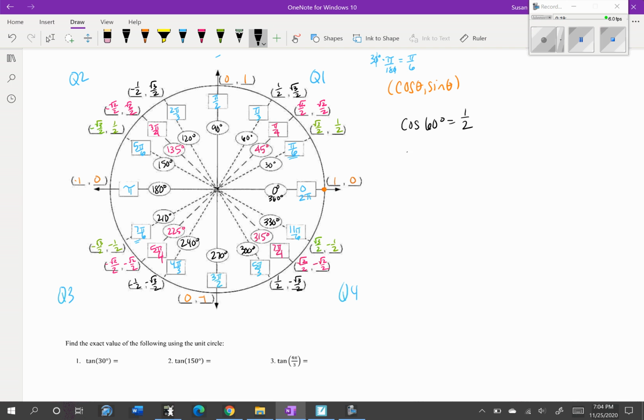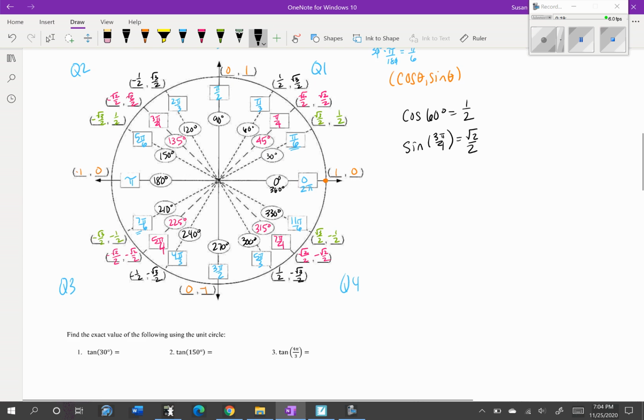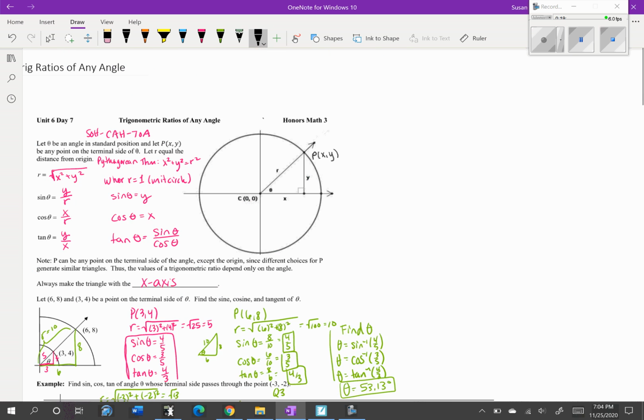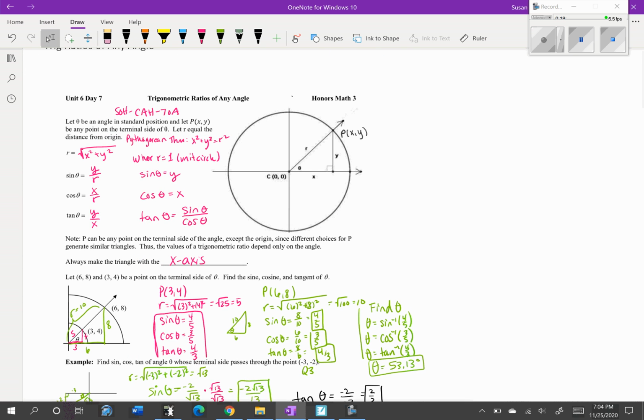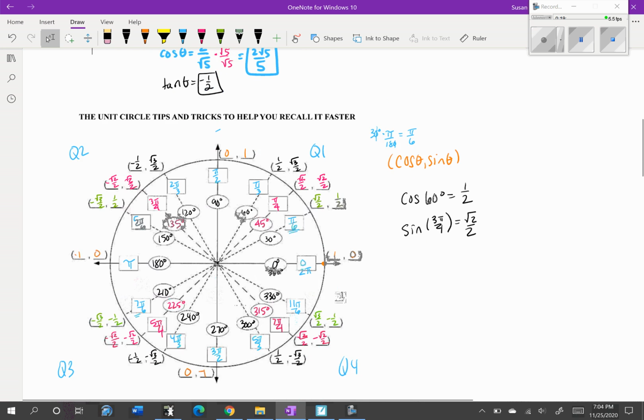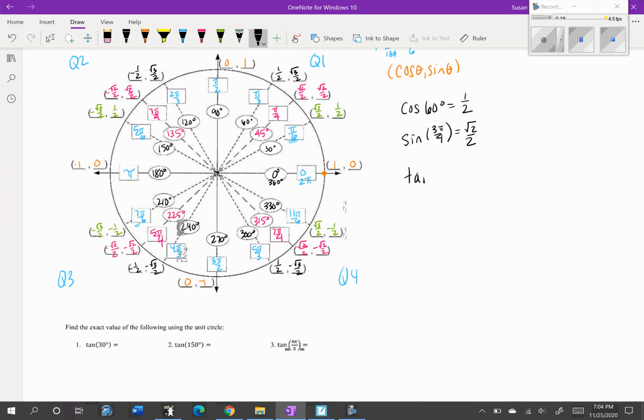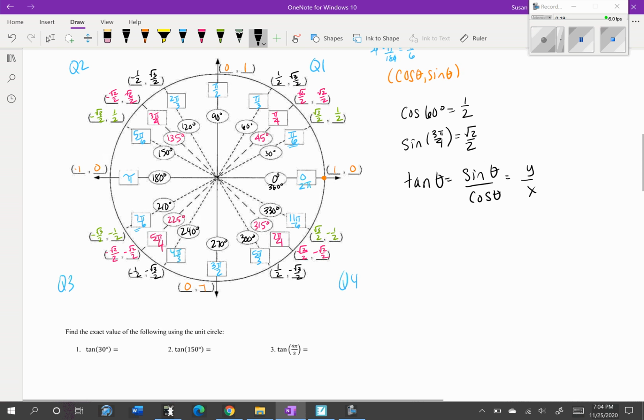If I wanted to find the sine of, let's say, 3 pi over 4, that's in quadrant 2, and the sine is the y coordinate, which would be root 2 over 2. So we can also do this with tangent, because we talked about up here, remember that tangent is sine over cosine. So tangent of the angle equals the sine over the cosine, which again is y over x. So we can use that to help us find the tangent values on our circle.